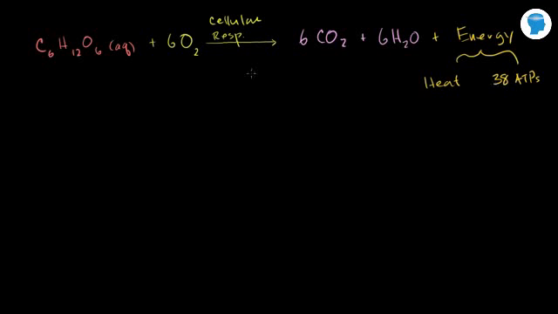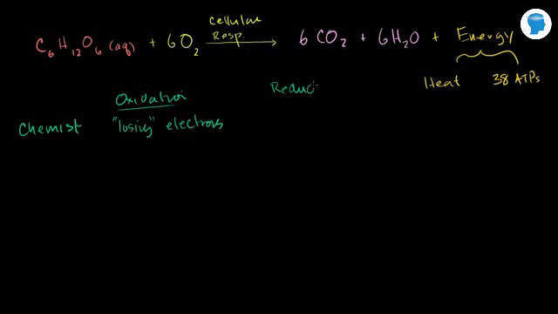In the last video, we learned a little bit about oxidation and reduction, so let's apply those ideas here. Now, we saw in the last video that a chemist would say, let me write it this way, that oxidation means losing electrons, or not being able to hog them, while a chemist will tell you that reduction is gaining electrons.